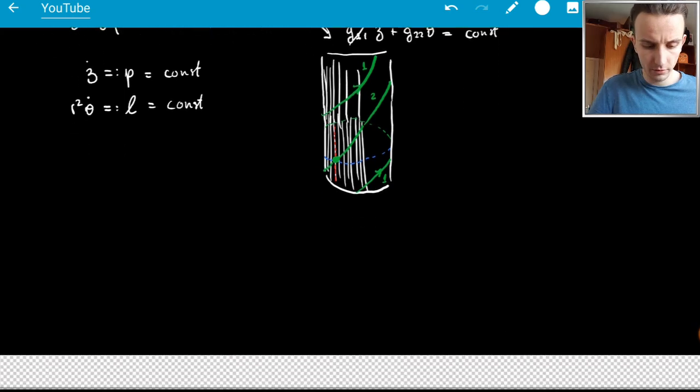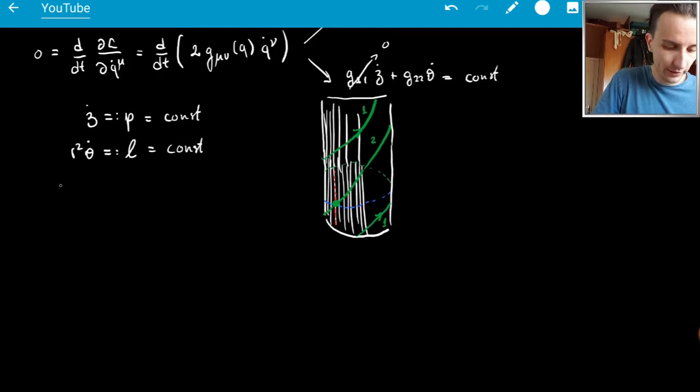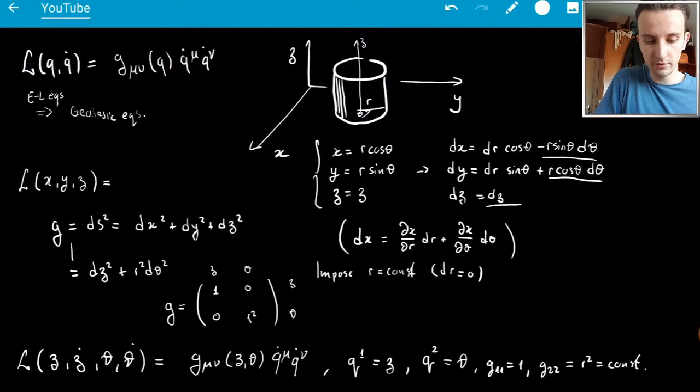Cool. Okay, let's just check out the energy real quick. So the energy associated to this, I mean, we can see that this is just momentum, right?